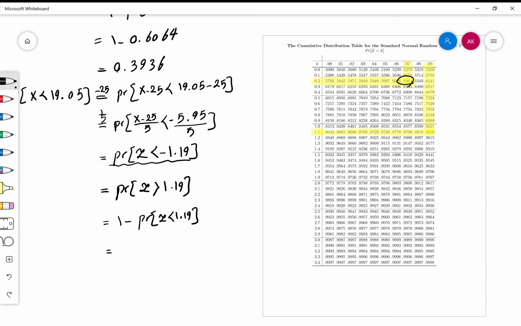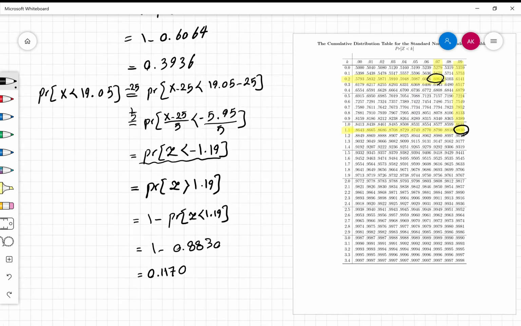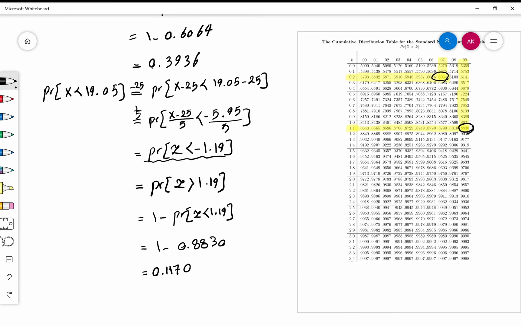That gives me the number 0.8830, so 1 minus 0.8830, and that is 0.1170, which is the probability of x being less than 19.05. Okay, that was part one.